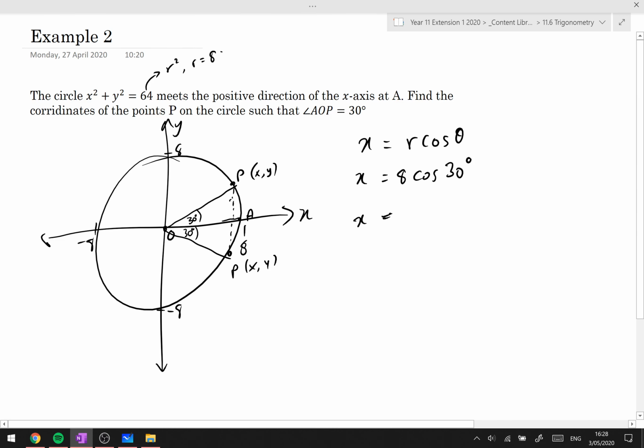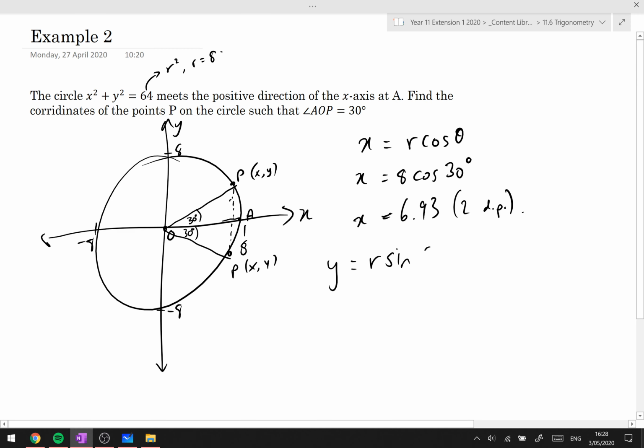So 8 times cos of 30 degrees is equal to 6.93 to 2 decimal places. We know that's going to be the same x point because it's the same amount of x units along. Now the y is only going to be different in that it's positive or negative.